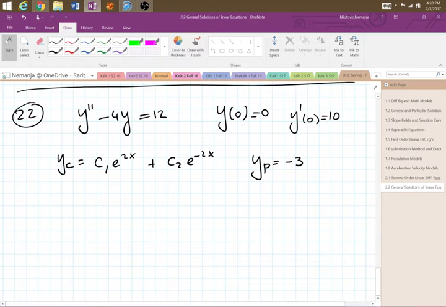What is your goal? The goal is to find the particular solution.